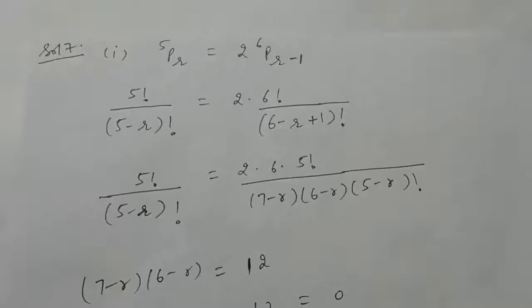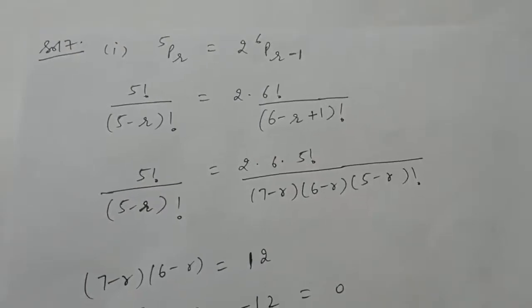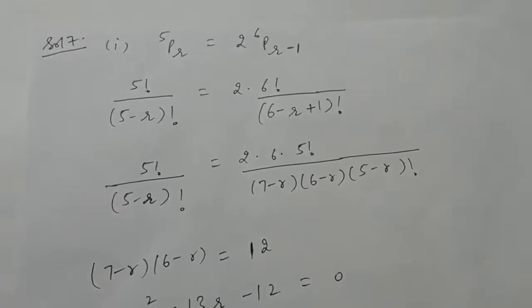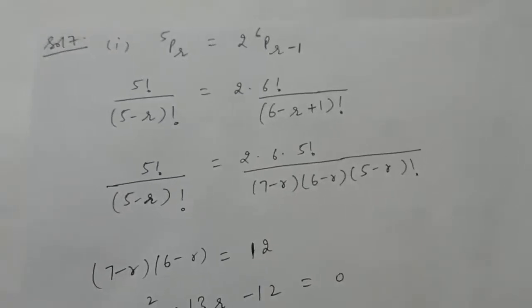Right? Now see question 7, first part. It is given that 5Pr is equal to 2 into 6P(r minus 1). You have to find the value of r.